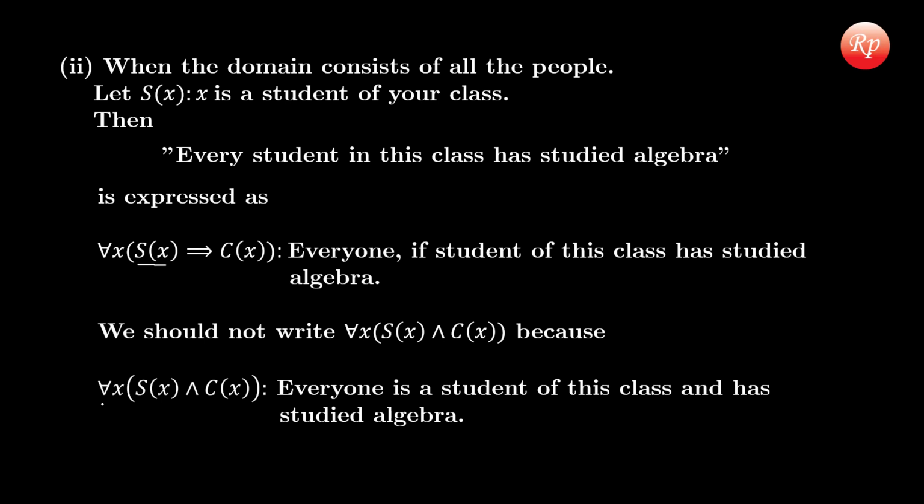So this expression says that every person is a student of this class and has studied algebra, while the earlier statement says that every person, if a student of this class, has studied algebra. So it puts a condition on the picked person that the person is a student of this class, but here there is no condition. Here we directly say that all the persons are students of this class and studied algebra. So this is wrong.